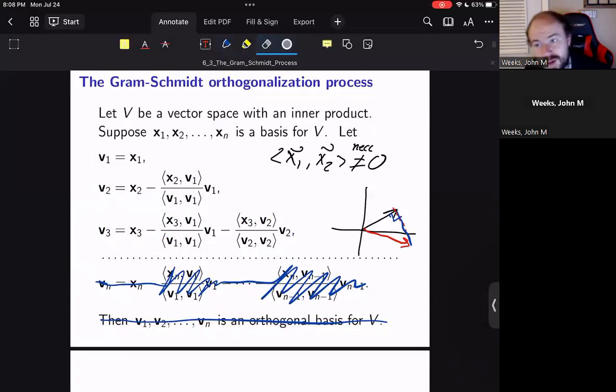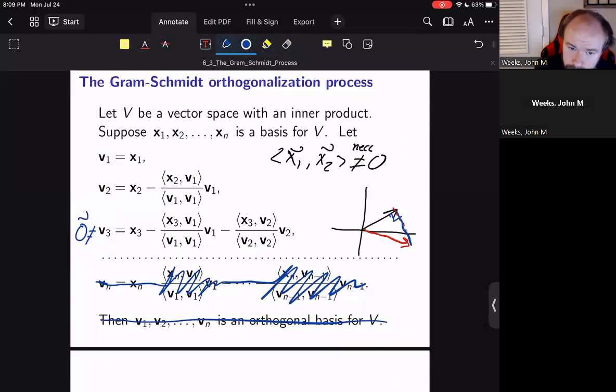And we're going to continue this process for v3. v3 does not have to be orthogonal to either v1 or v2, but we could subtract away its orthogonal projections from each one. Notice, by the way, that as we do this, we never get that v3 is equal to the 0 vector. Well, why not? Why is v3 never equal to the 0 vector here?